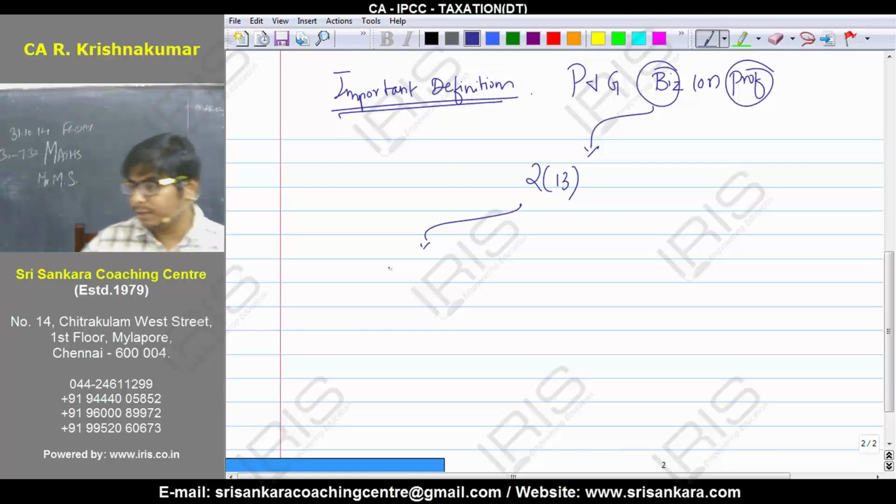Even for one time, that transaction will be covered under profits and gains from business or profession. This is the term defined as business, so it will fall under this head. Right. This is the definition of business.